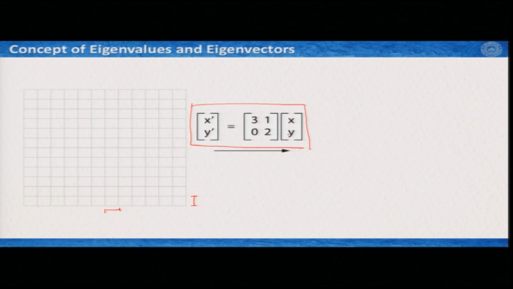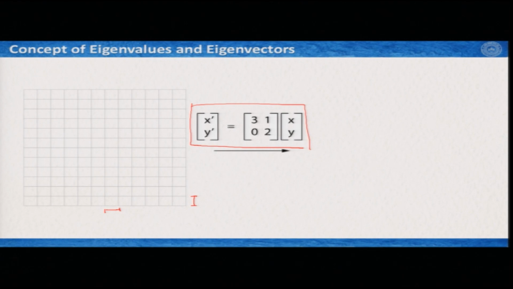So, x y is the original coordinate, and x prime y prime is the transformed, deformed coordinate, and this 2 by 2 matrix describes and quantifies the transformation from x y to x prime y prime.